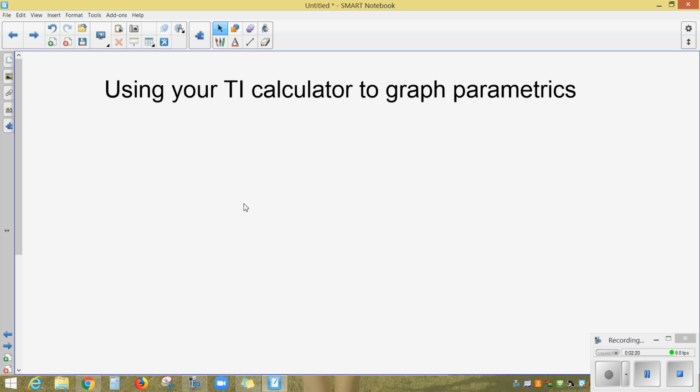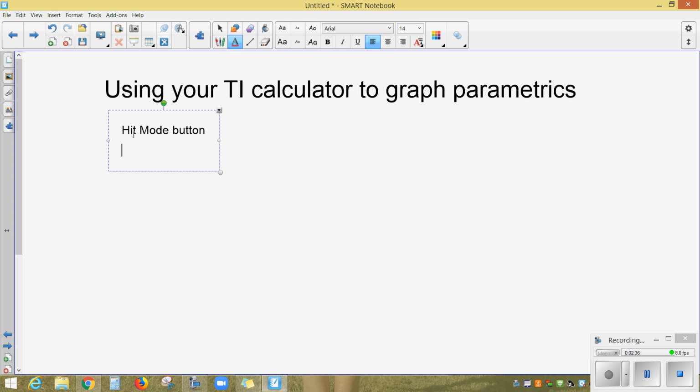If you hit your mode button, let's see if I can type while I'm pushing buttons on my calculator. Okay, so hit the mode button on your calculator. It brings up, and usually that's where we go to change between radians and degrees. Notice right after the line that has radians and degrees highlighted, mine has FUNC for function highlighted.